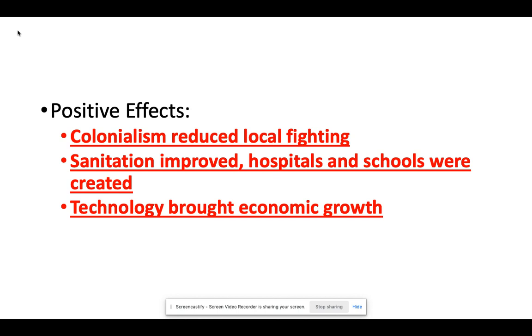So the technology that's being brought for economic growth, that's for the Europeans or for the Americans who are establishing these colonies. Because when we start to see these places leave these areas and allow the land to go back to the indigenous people, they're not going to teach them how to continue with these improvements or for that growth.